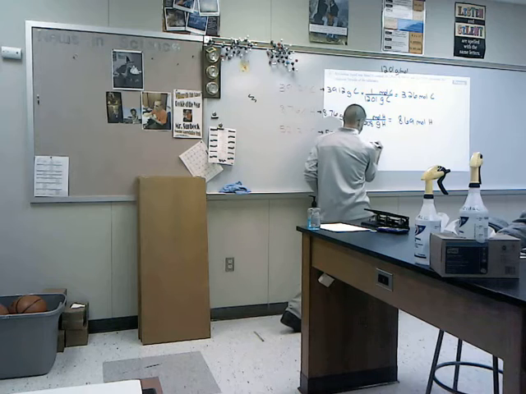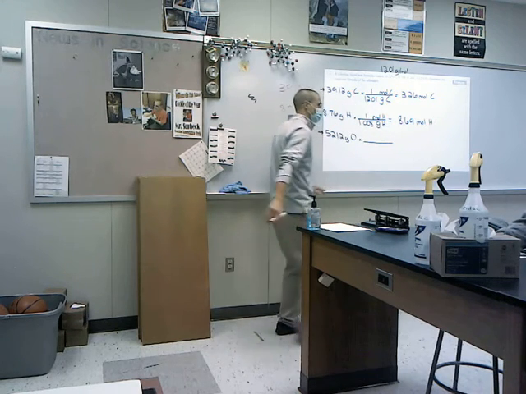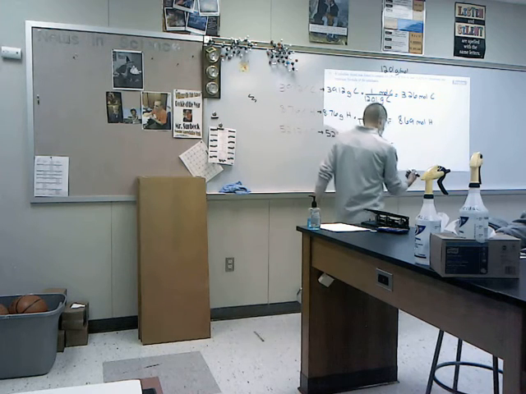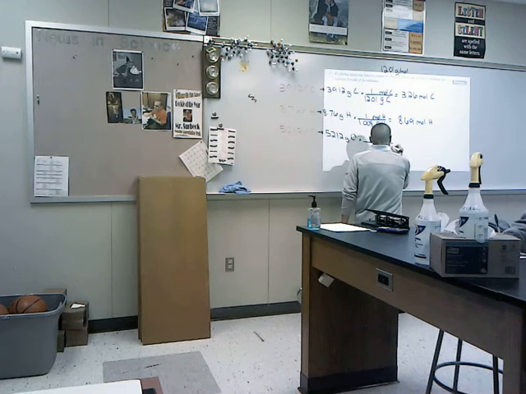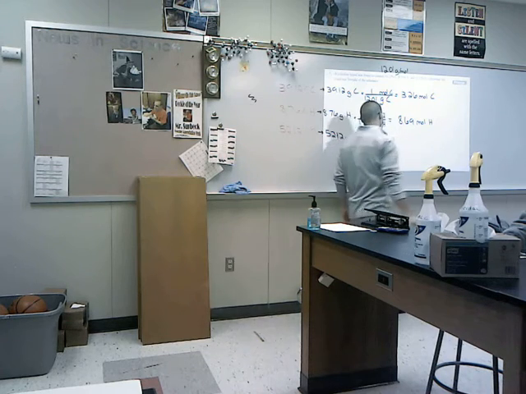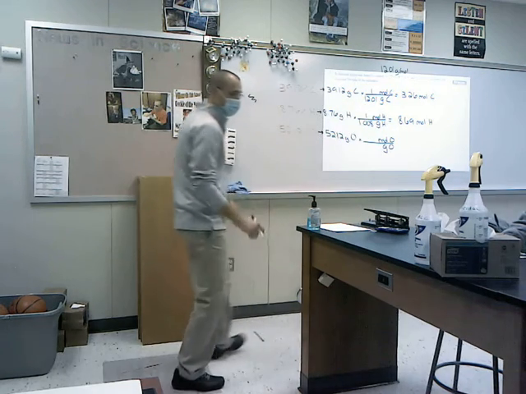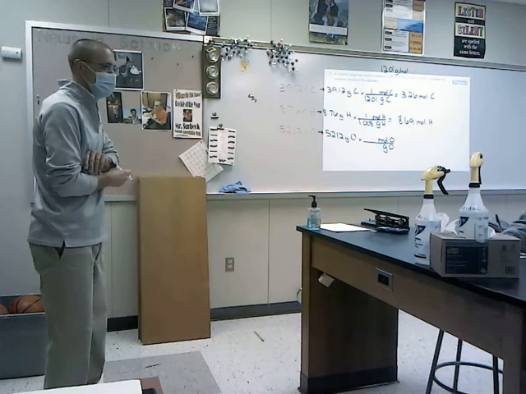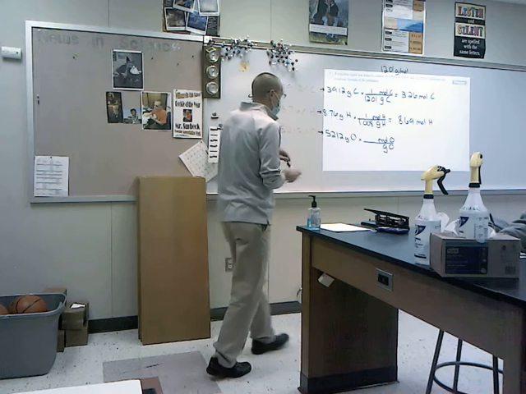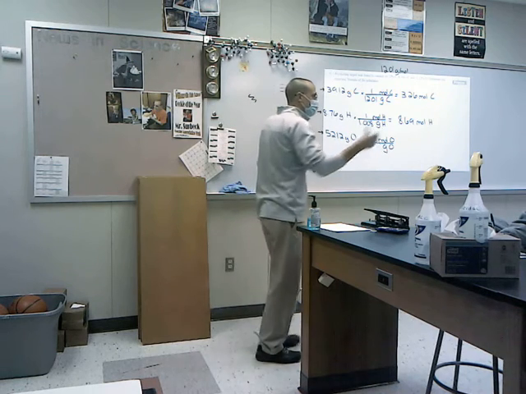Again, we set up the conversion. What unit has to be on the bottom part of this conversion factor? Grams of O. I said, hey, let's go to moles of O, so that's going to be on top. And then what is the atomic mass or the molar mass for oxygen? 16.